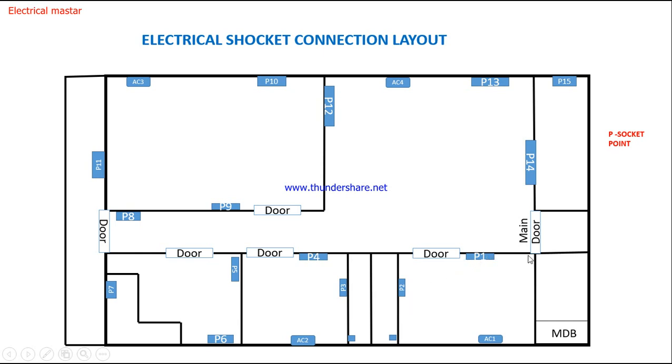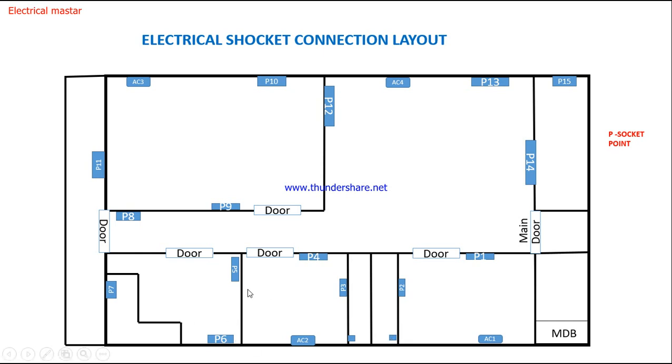P wherever it is there, P means the power socket. See here, room number 1 has two power sockets, and one AC breaker given separately. Similarly room number 2 has two power sockets and one AC breaker, and these are the attached bathrooms. In the attached bathrooms we are giving only a power socket for the geyser, the water heater.